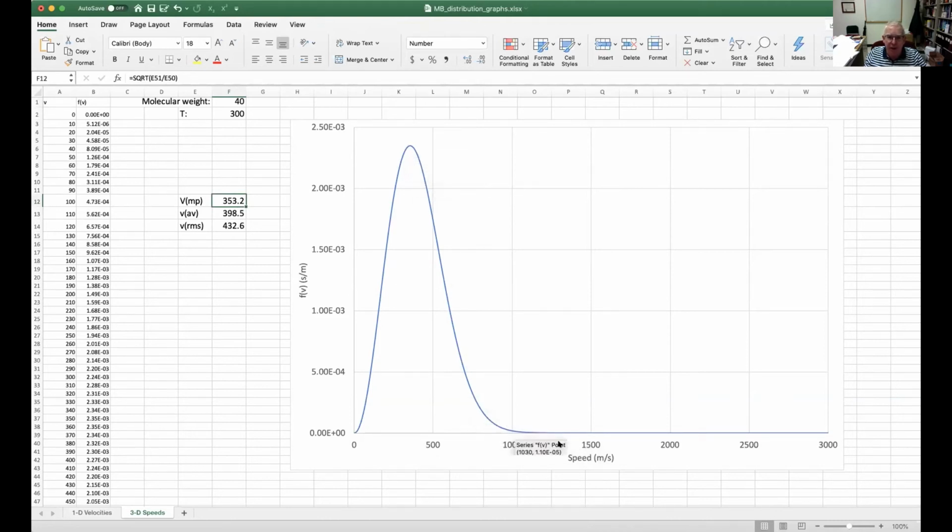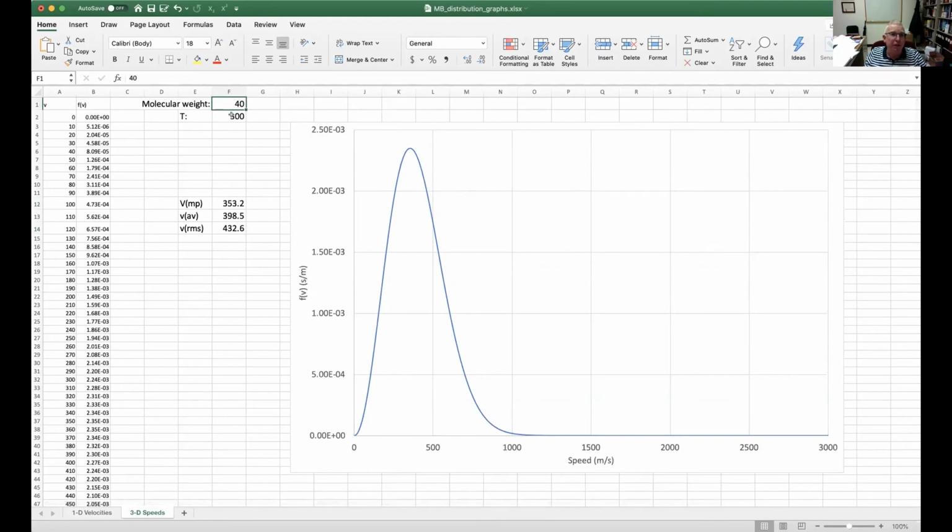So it's stretched out on the high speed side, and that raises the average. The root mean square speed, which we get by taking the square root of the average of v squared, is even higher. It says it's 432 meters per second. So that's the fastest of those 3 characteristic speeds, and we'll derive equations for all of them in a moment.